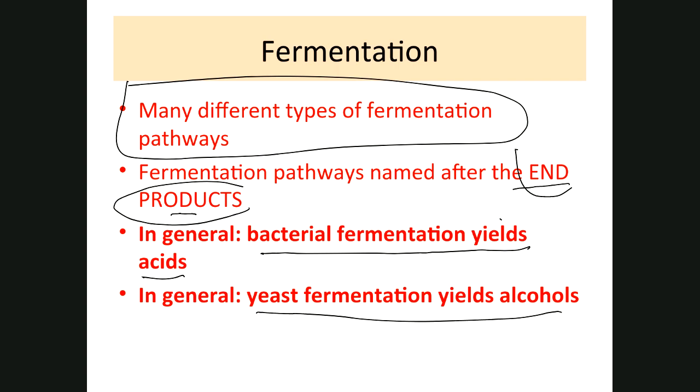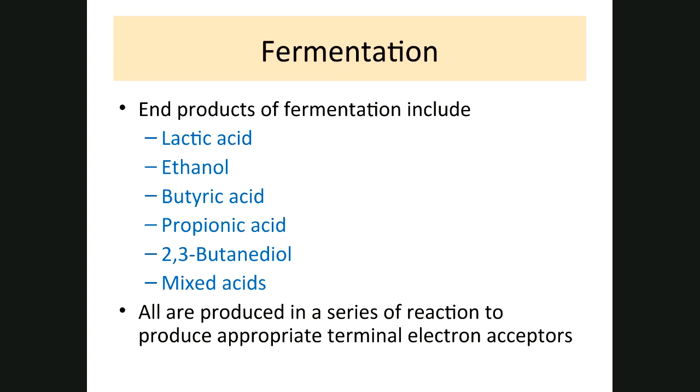This is why I tell students, you get grape juice and you put bacteria in the grape juice, you're going to get vinegar. You get the same grape juice and you put yeast in the grape juice, you're going to get wine. Because in general, bacteria will make acids when they ferment, and yeast will make alcohols.